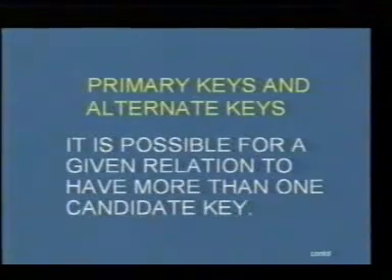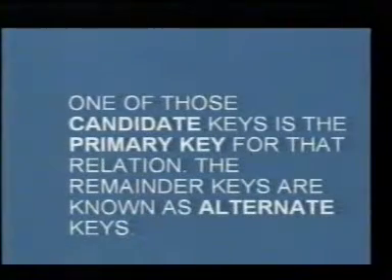Now we will look at the concept of primary keys and alternate keys. It is possible for a given relation to have more than one candidate key. In that case, one of those candidate keys is the primary key for that relation, and the remaining keys are called alternate keys.